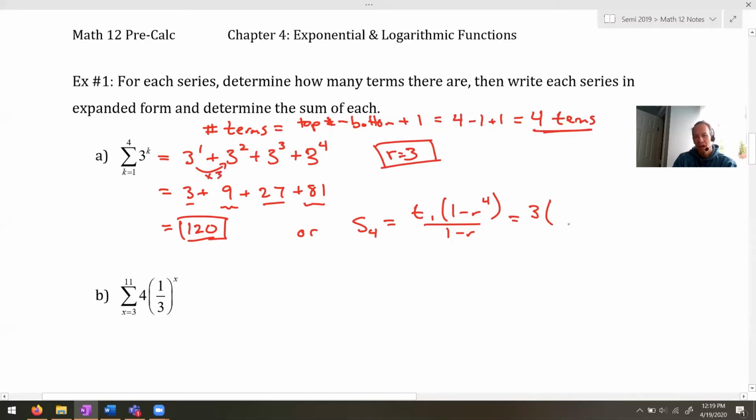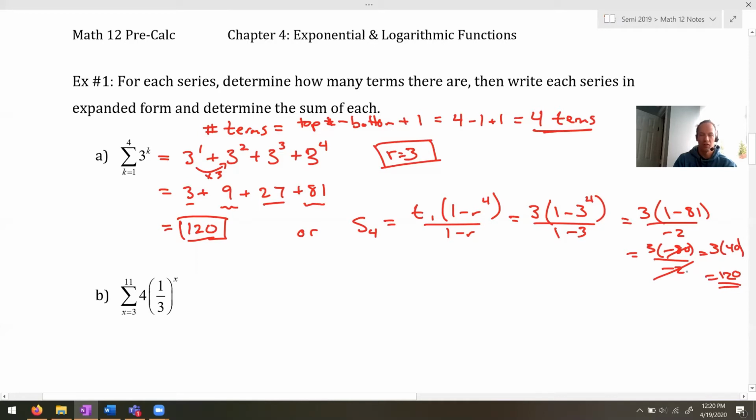So this would be 1 minus 3 to the power of 4, over 1 minus 3. 3 to the power of 4 would be 81, so minus 81, over negative 2. So this would be 3 times negative 80 over negative 2. Now we'd cancel those out. It would be 3 times 40, and we'd wind up with 120, which is precisely what our answer was. But we just did it manually because it was still pretty short.